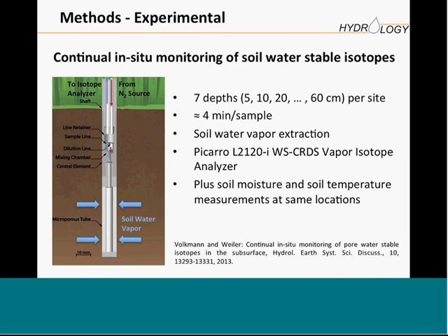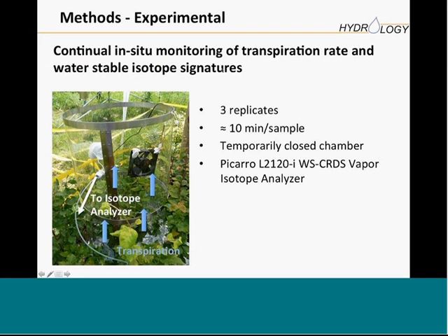Good. So the method we then used is again the continual in-situ monitoring of the soil water stable isotopes that I just introduced before. We measured at 7 depths and we needed approximately 4 minutes per sample, and we did the measurement with the Picarro, and nothing more to the techniques of this. I mentioned that already.